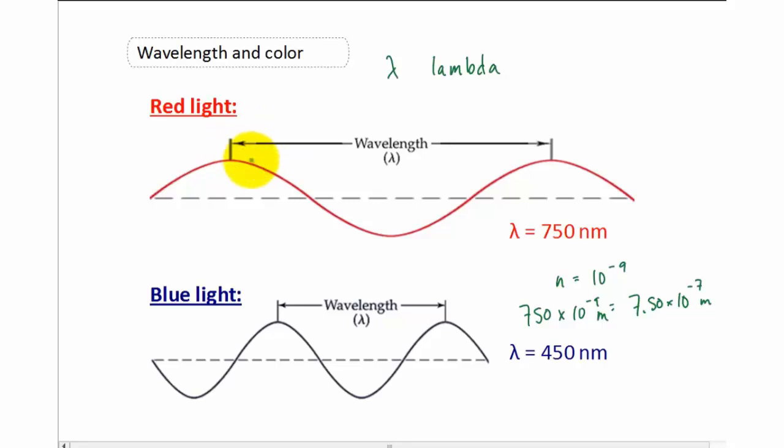So the wavelength is what determines what color the light is, but color is not something that is fundamental to that light itself. Like I said, red light itself isn't red. It turns out that our eyes are able to detect a certain range of electromagnetic radiation.